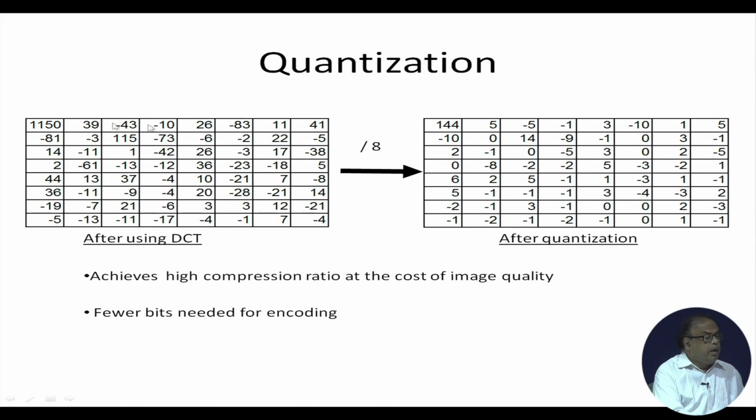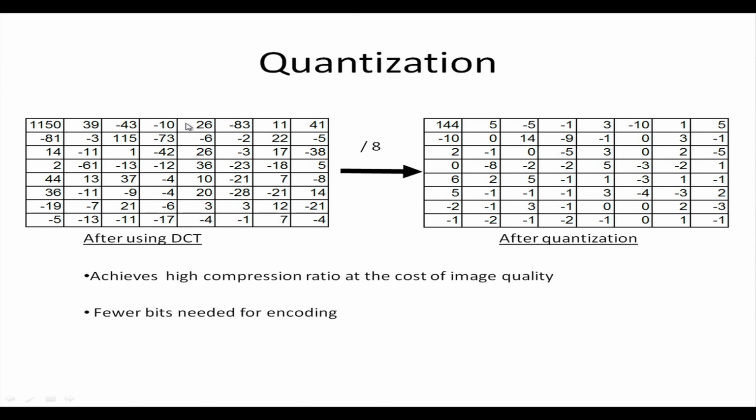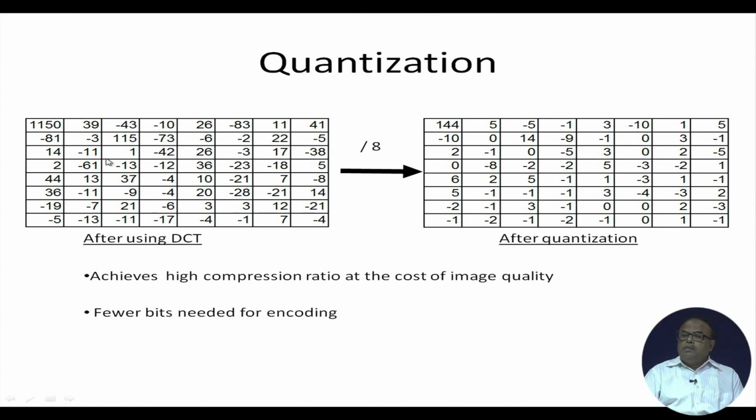Now, these are discrete values, but I do not want to go by the absolute value of this. I want to quantize it. So, some of the values I will club together. I quantize with respect to some power of 2.